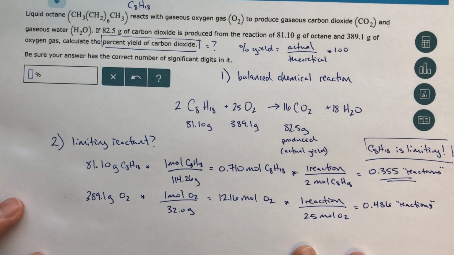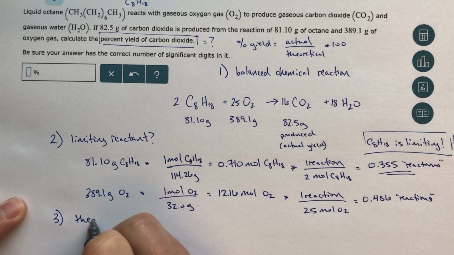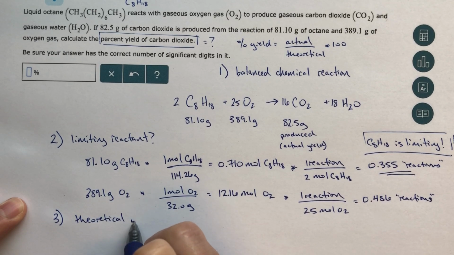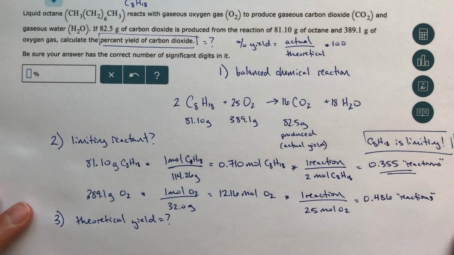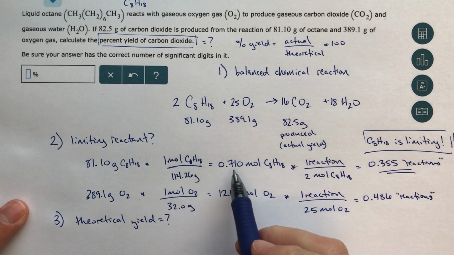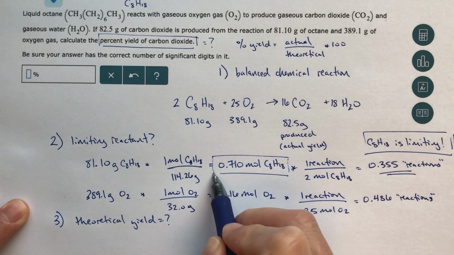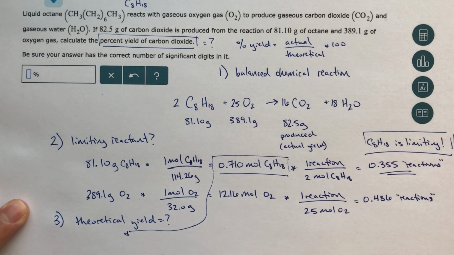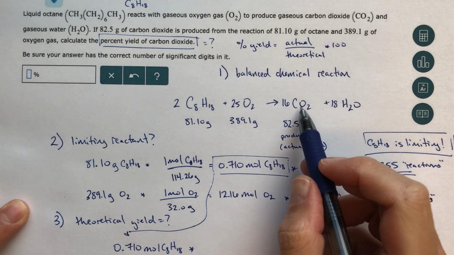And then for the last part, we're going to figure out what our theoretical yield is, and then from that, we can figure out what our percent yield is. So now that I know that this C8H18 is our limiting reactant, I'm going to take this number of moles down here, and I'm going to say 0.710 moles of C8H18 will be able to form some number of moles of CO2.